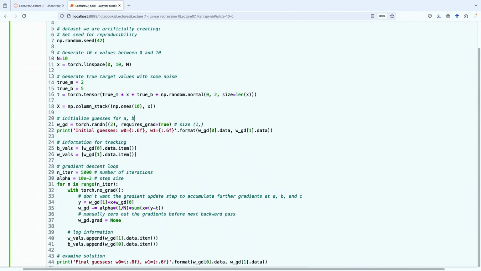This is from an old W and B, and this is just information for tracking. And so all I do here is y is equal to mx plus b. So I know that the gradient is simply equal to the gradient minus some alpha times 1 over n of the sum of all of the y's times x minus t, or the sum of the y minus t times x.